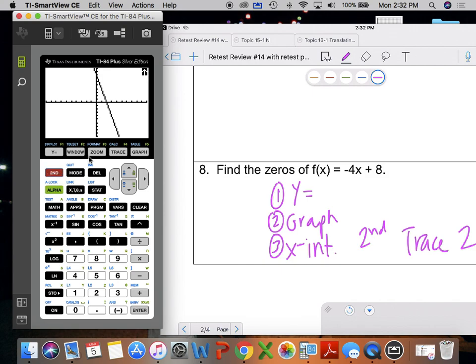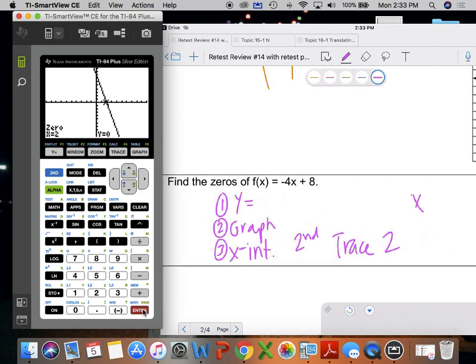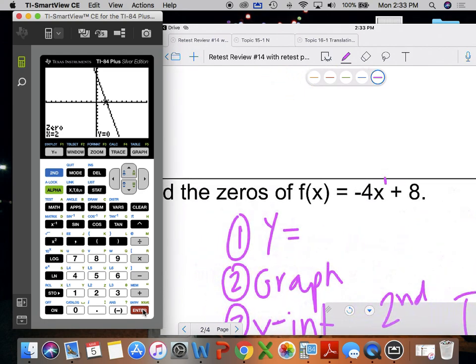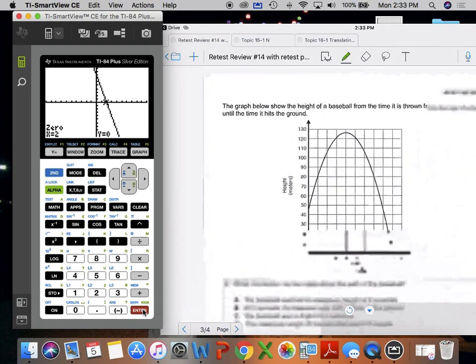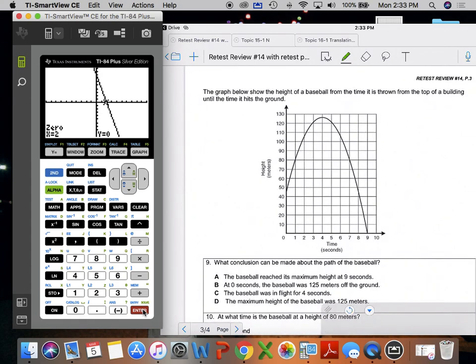So second trace 2, I go to what I want. I want the x-intercept. Slide to the left, enter. Go back to what I want. Slide to the right, enter, enter. So my 0 is at 2. Notice because this has an exponent of 1, invisible 1, it will only have 1 zero.